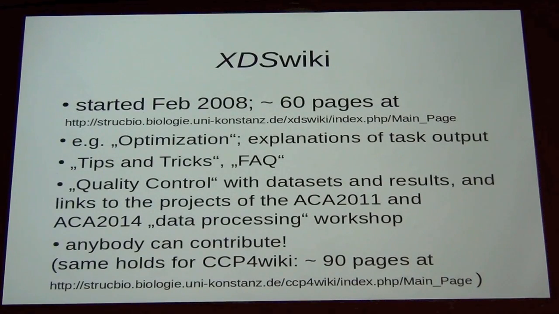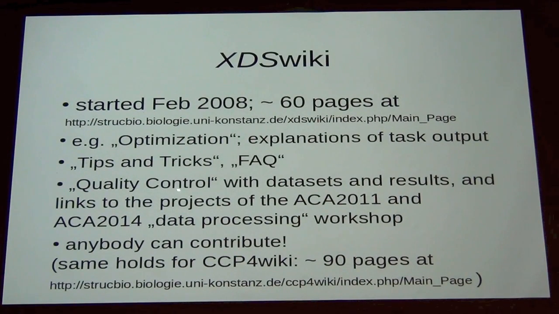So the wiki that I just mentioned has information in the form of articles, like Wikipedia. It's the same software. So it has articles about optimization of data processing and some explanations, tips and tricks, special. And most recently, we added the project of the ACA 2014 data processing workshop, which took place a week or so ago.